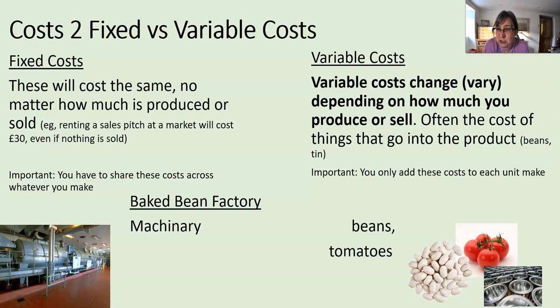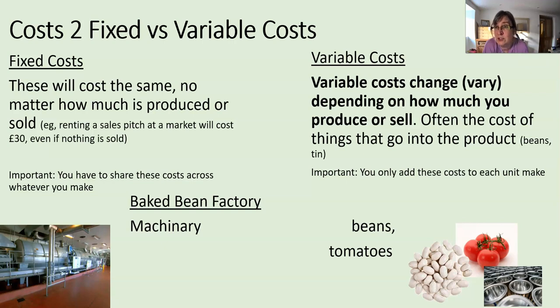You have to buy the machinery, and whether people stop buying baked beans or whether people choose baked beans every day of the week, you still have to have that machinery. On the other hand, the ingredients that go into the baked beans, the tomatoes, the tin to make the tins, you will buy more of those if you are making more of those. So those costs vary over time.